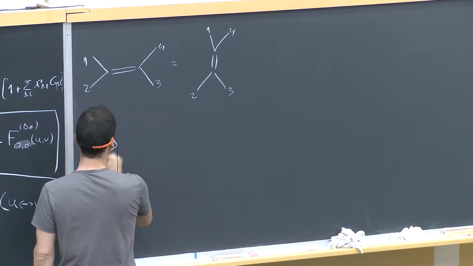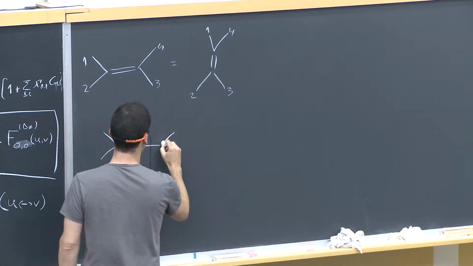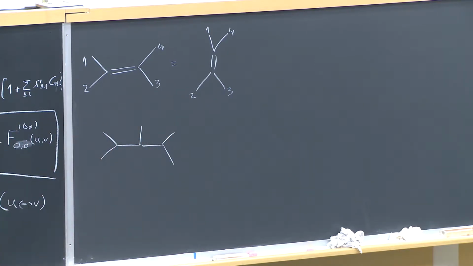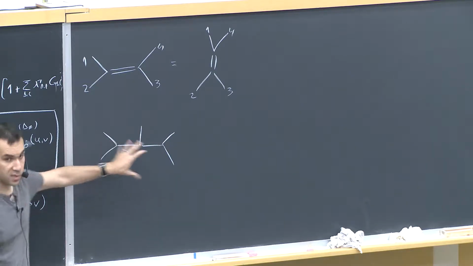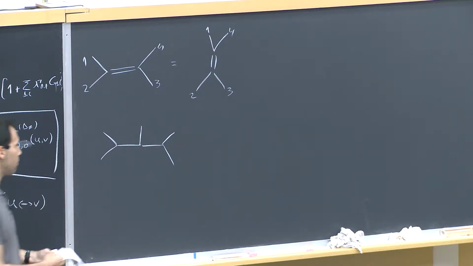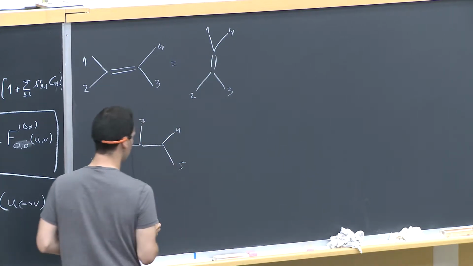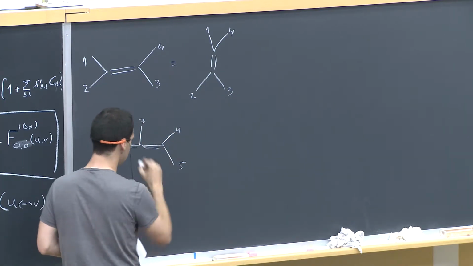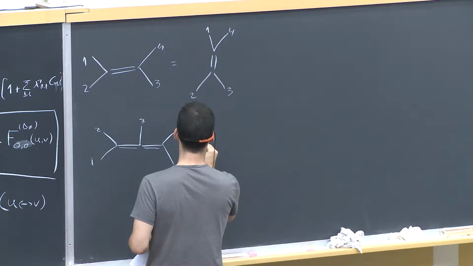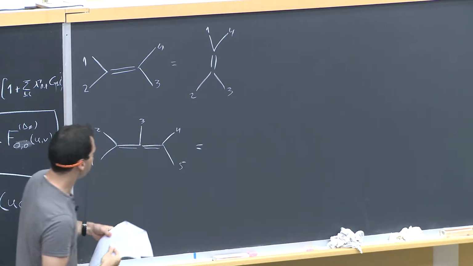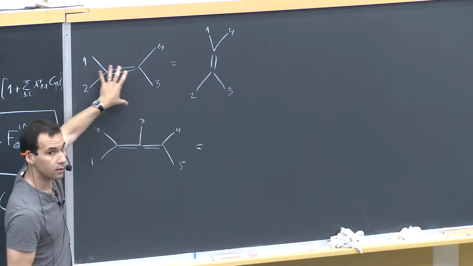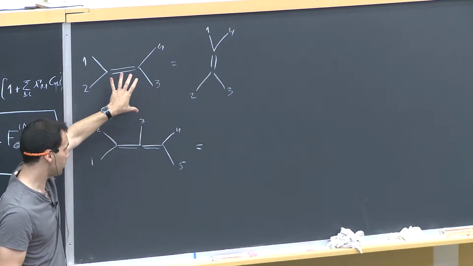So for instance, imagine that you had some 5-point function, and you had done the OPE in this way. Okay? 1, 2, 3, 4, 5. Okay, so these should all be double bars. Then you can use this relation, right?